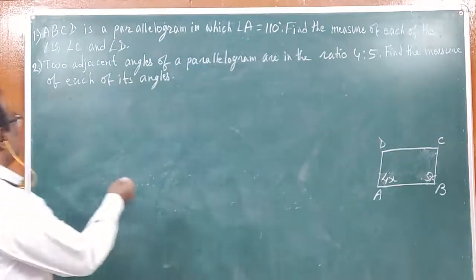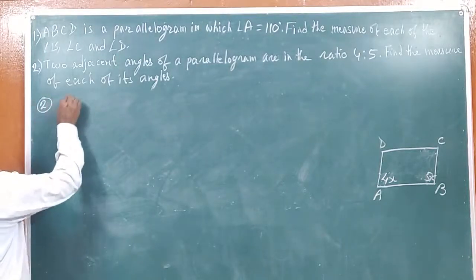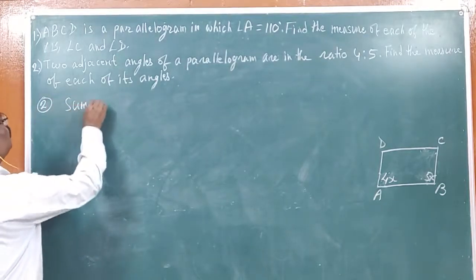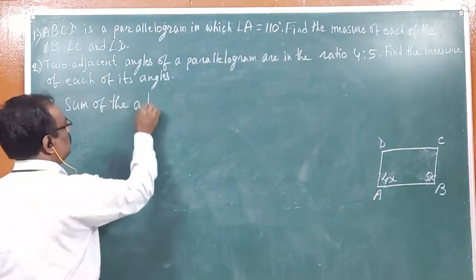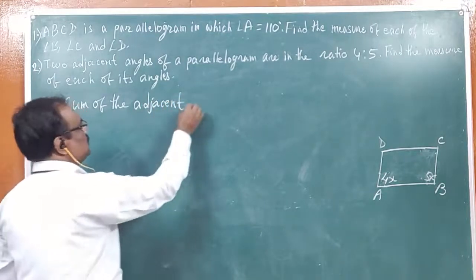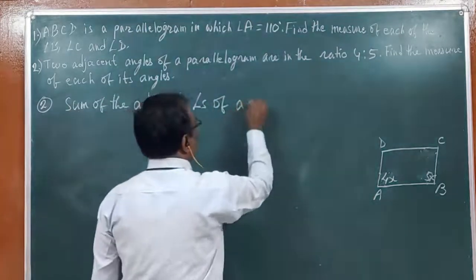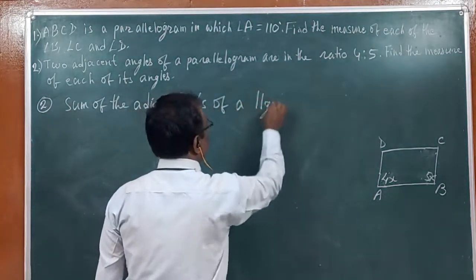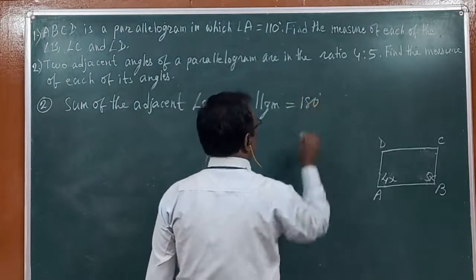First the reason we will write: sum of the adjacent angles of a parallelogram is equal to 180 degrees.